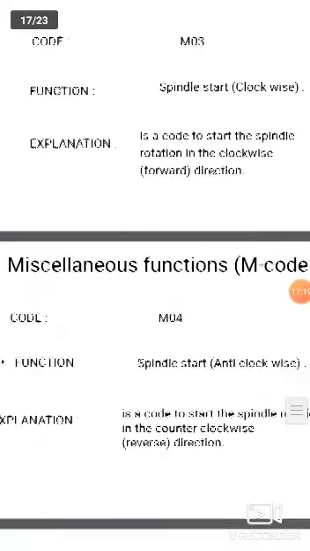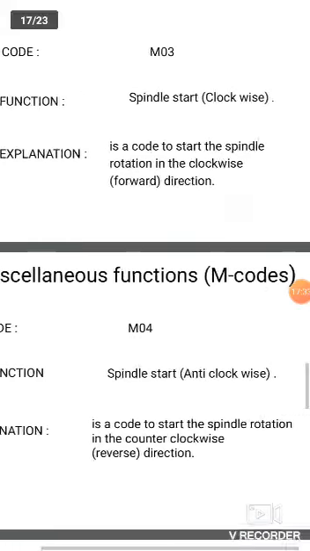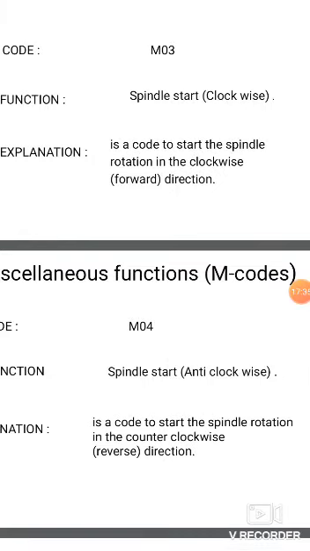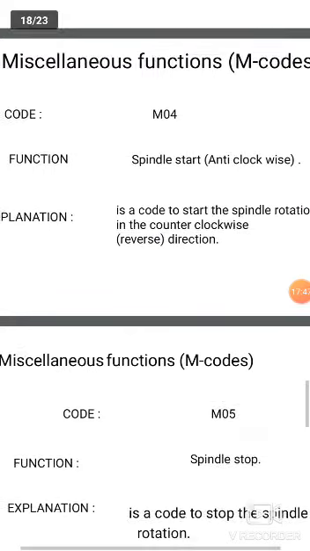Next, M04. M04 means spindle starts in anti-clockwise direction. So M03 is spindle clockwise, whereas M04 starts the spindle rotation in counter-clockwise or reverse direction.